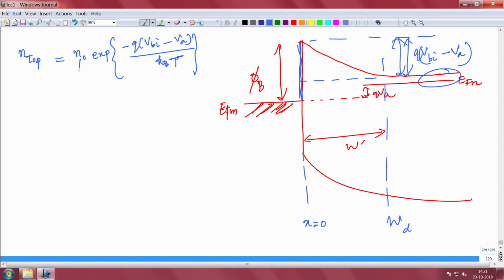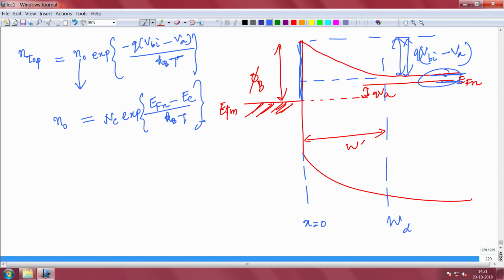But this n_0, in equilibrium far away in the bulk, is given by N_c, the conduction band density of states, times exponential of (E_F, the quasi Fermi level there, minus E_c) by k_B T.